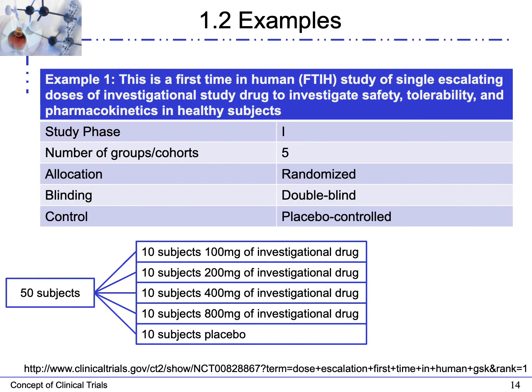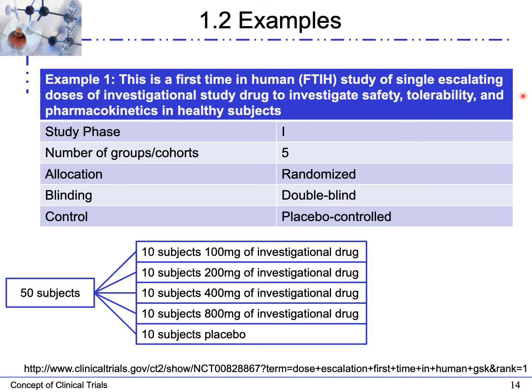The next example is an example of a first in man, first time in human. These are synonym studies of single escalating dose of an investigational study drug to investigate the safety, tolerability, and pharmacokinetics in healthy subjects.